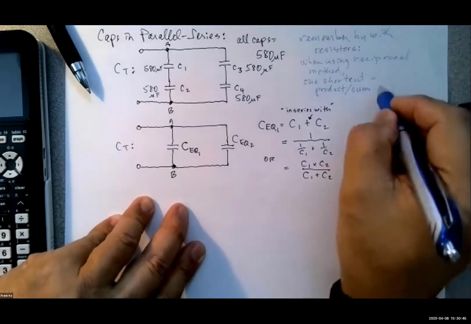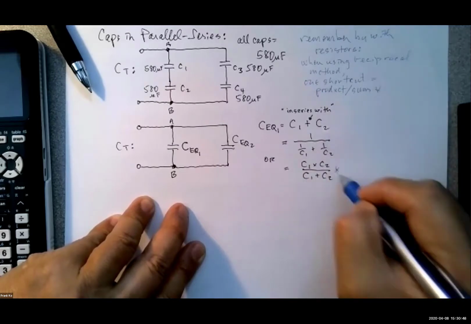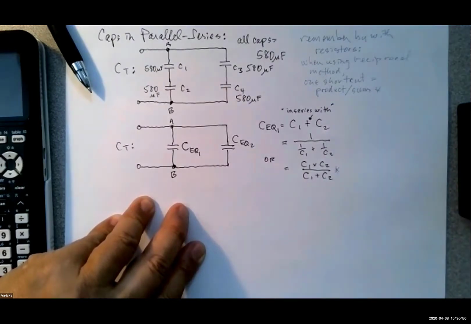This is product over sum. So I'll put a little star here, put a little star here. But we also had an alternate shortcut.